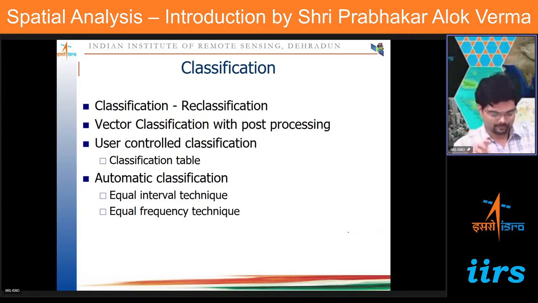For example, I am making 9 classes, for example, 1 to 150, 150 to 500, 500 to 1500, 1500 to 3000. So here you can notice the interval of these classes is not same, but number of pixels in these classes will be same. So that is equal frequency classification method.